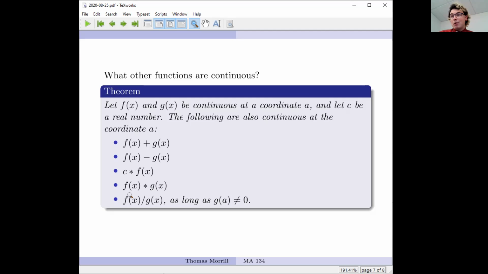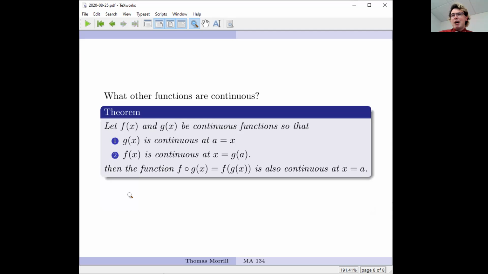The second theorem that I want to talk about is about the composition of 2 different functions. So again, let's assume that f of x and g of x are 2 different functions. I only need to know that g of x is continuous at x equals a, and f of x is continuous at the point x equals g of a, right?